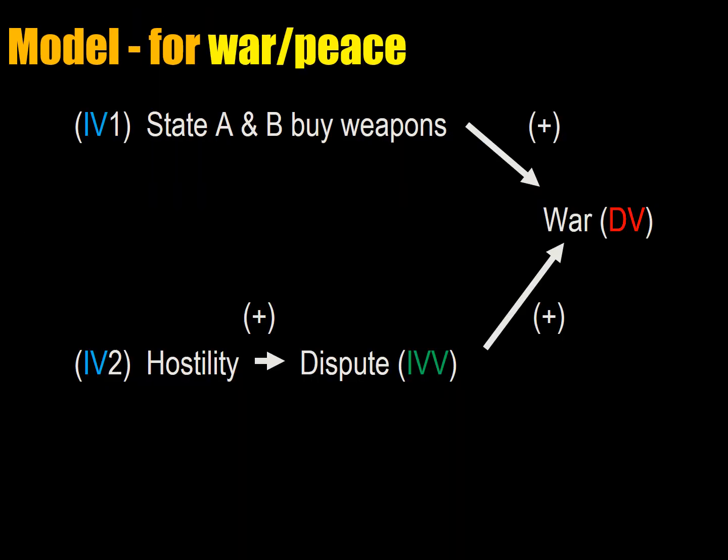So, if you recall the model that we explored before, here you can see an arms race model where the independent variable 1 has state A and B buying weapons that influence the likelihood of war and peace. We have the second independent variable, which is hostility, which influences the occurrence of a dispute.